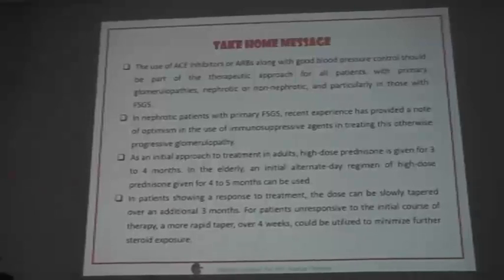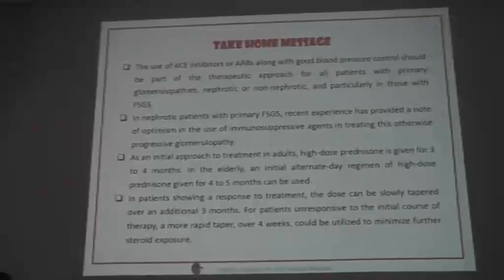The use of ACE inhibitors or ARBs along with good blood pressure control should be one of the main modalities for management of patients with focal segmental glomerulosclerosis. And in nephrotic patients with primary focal segmental glomerulosclerosis, there is recent evidence that the use of immunosuppressive medication in treating such patients is very important.